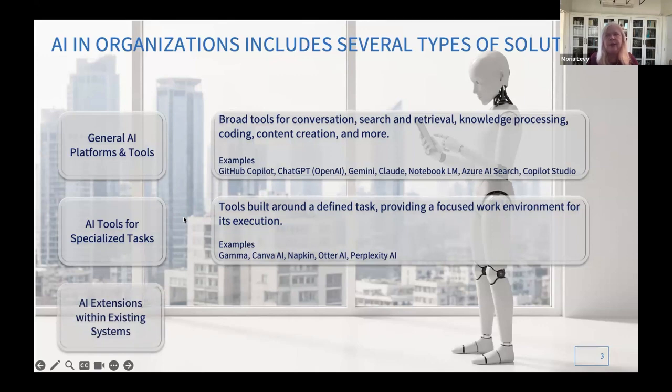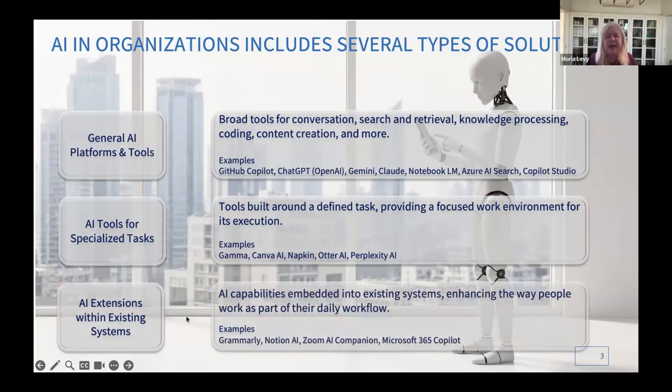The third one is something else, as if we're not buying anything, not entering new software into the organization, but we are looking at the existing software, the existing systems that we already have, and understanding that they are adding AI capabilities that are embedded into these existing systems. So if you have a knowledge management system, and tomorrow they say, yes, we embedded AI into it, that means that they themselves are working better.